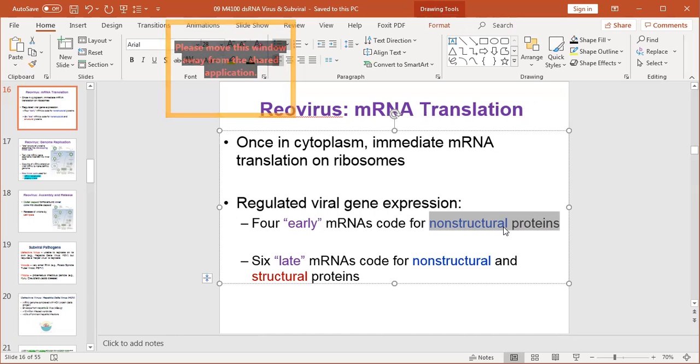What we make at this stage are non-structural proteins, mainly enzymes required for genome replication. After non-structural proteins are made, the genome is replicated, then we have 6 late mRNAs that code for non-structural as well as structural proteins.